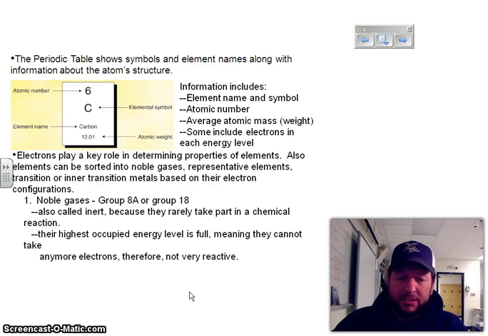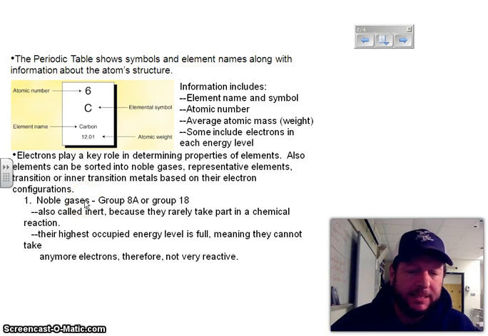The A elements are signified by the A. Some periodic tables have both group 8A or 18. Some will just have the columns numbered 1 through 18, so that's why I'm telling you both.